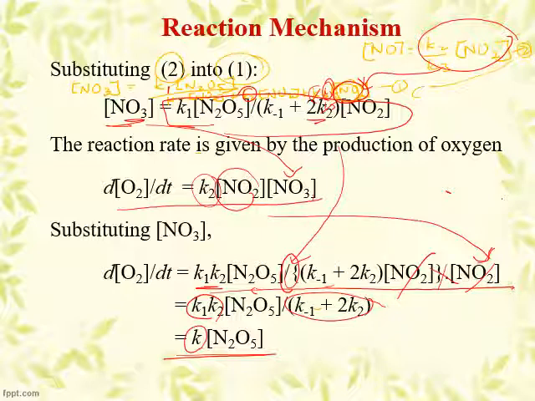For my personal opinion, it's easier to use the slow step, the rate determining step, because you can easily make silly mistakes when you use the steady state approximation. So that concludes the kinetics lecture.